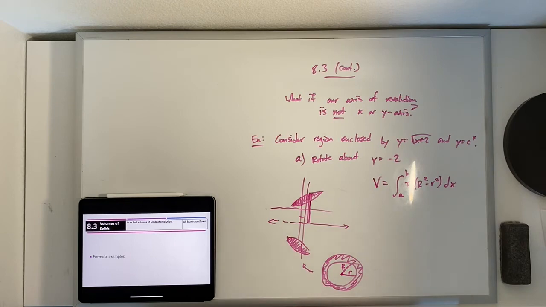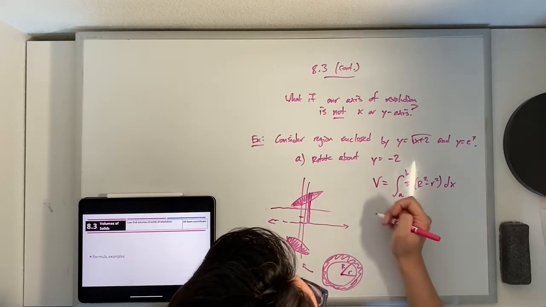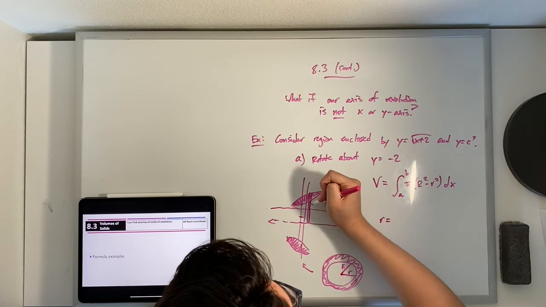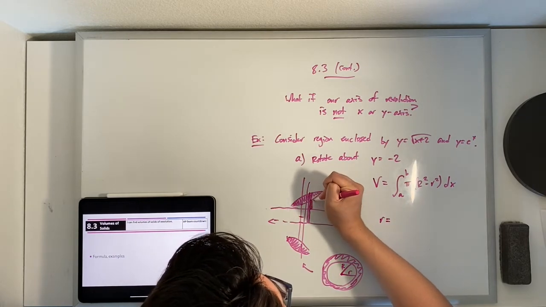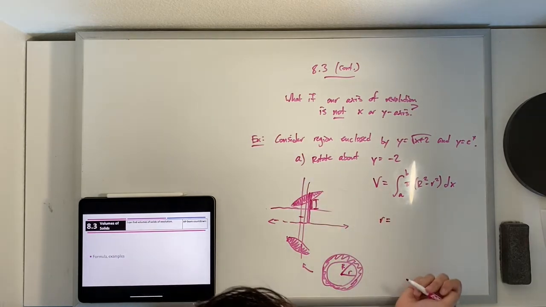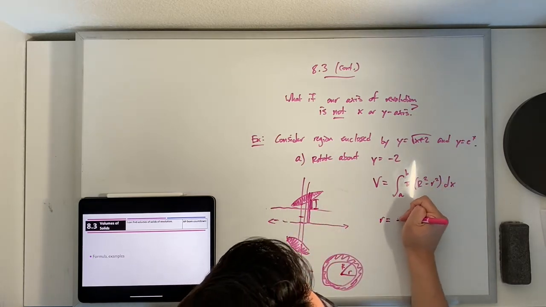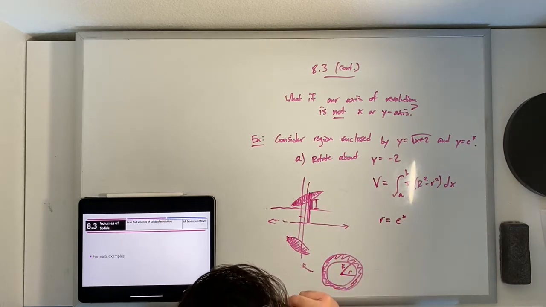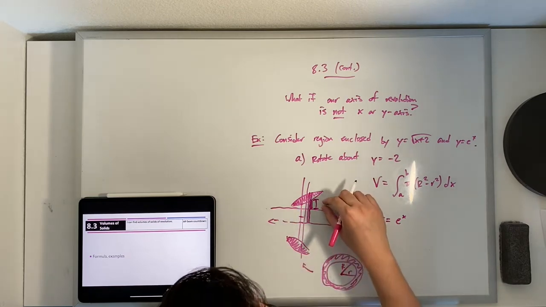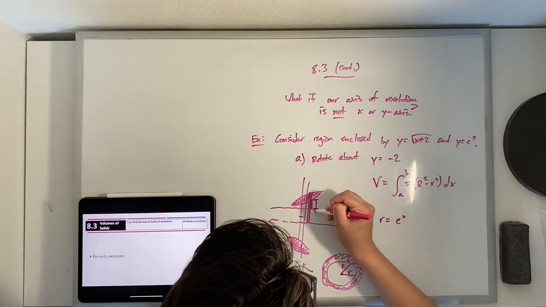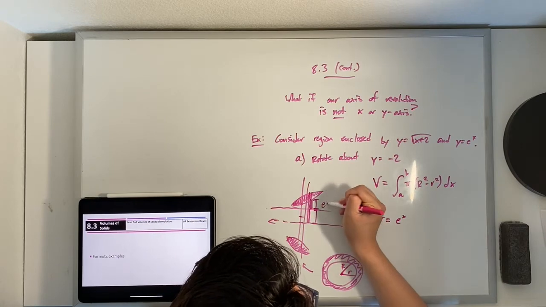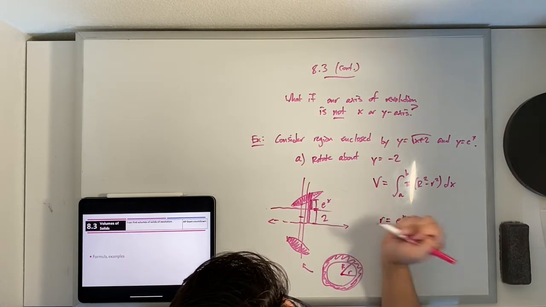Now, we need to think carefully about what this big R and little r are going to equal. So let's start with little r. We know that this distance right here is just the function value. Now, what is that function value? That lower function is e to the x. But that's not the entire radius. We also have this distance right here, which is 2.